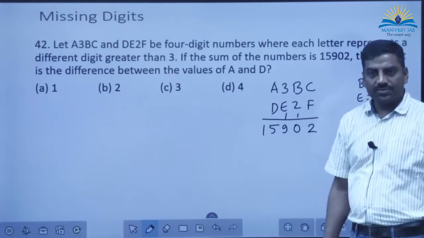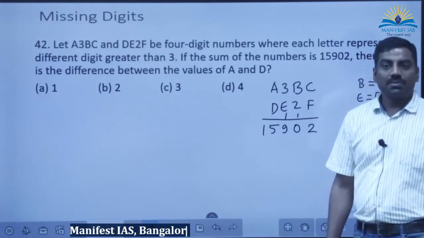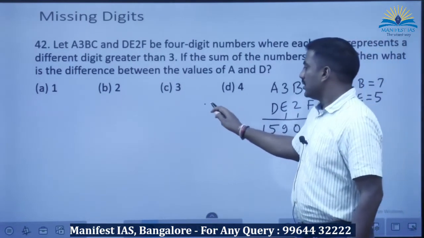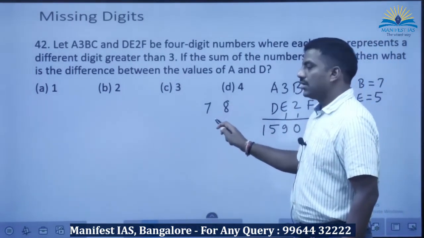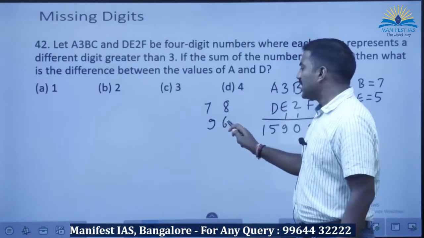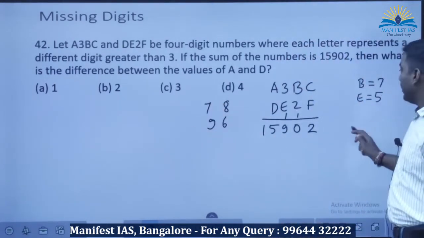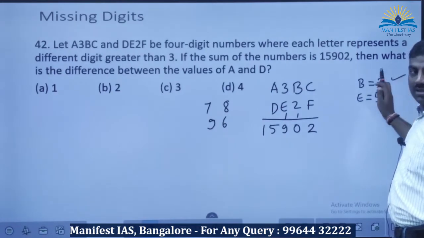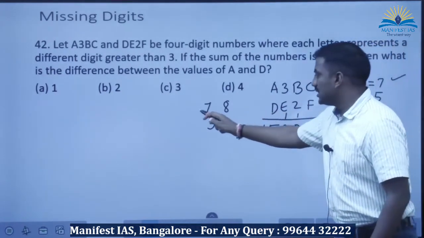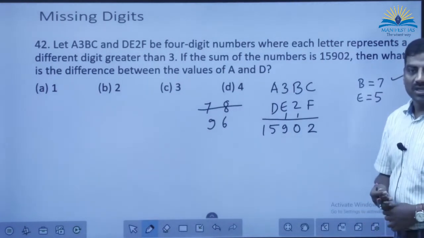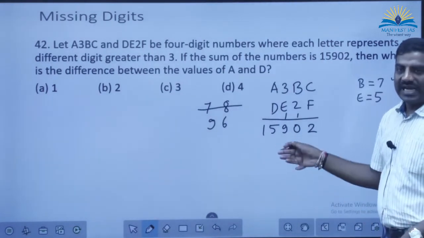Think of two numbers which give us the sum of 15. 7 plus 8, 9 plus 6, or 6 plus 9, 8 plus 7, vice versa. But already 7 is consumed here, no? B is 7. So this is ruled out. Now only option is 9 and 6.